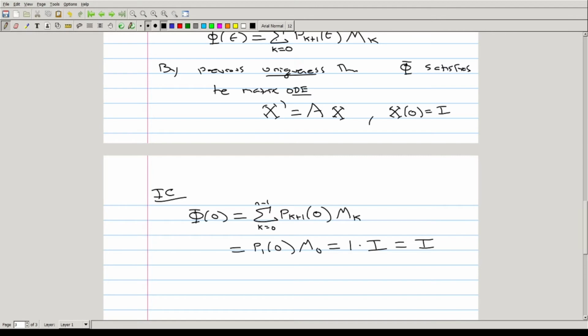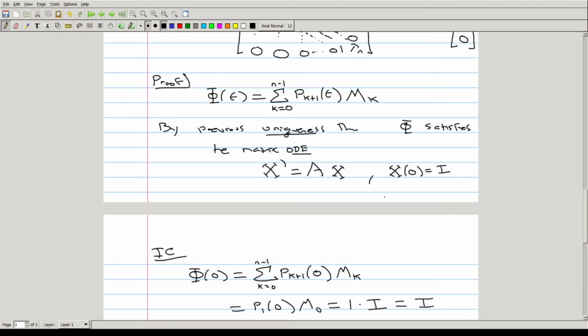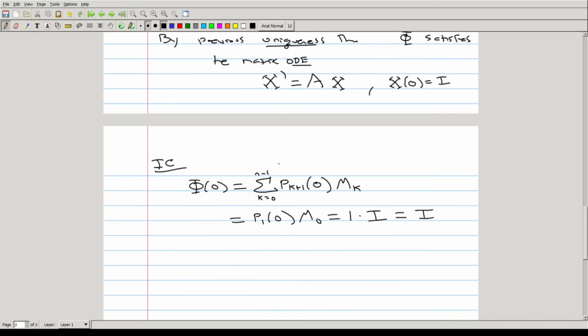So this function satisfies the initial condition of this matrix differential equation.